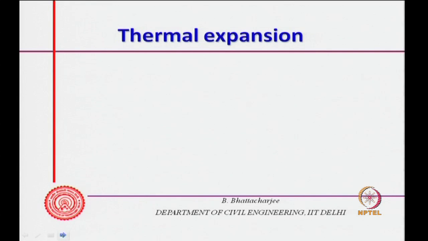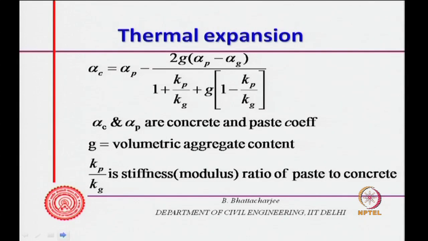The factors that affect it are moisture content, which strongly affects it, and also the volume of aggregate, because you can see from this expression, this is the thermal expansion of concrete, this is the coefficient of thermal expansion of paste and aggregate, G is the volumetric aggregate content, and Kp is the stiffness ratio of paste to aggregate, so the modulus of elasticity of the paste to aggregate.